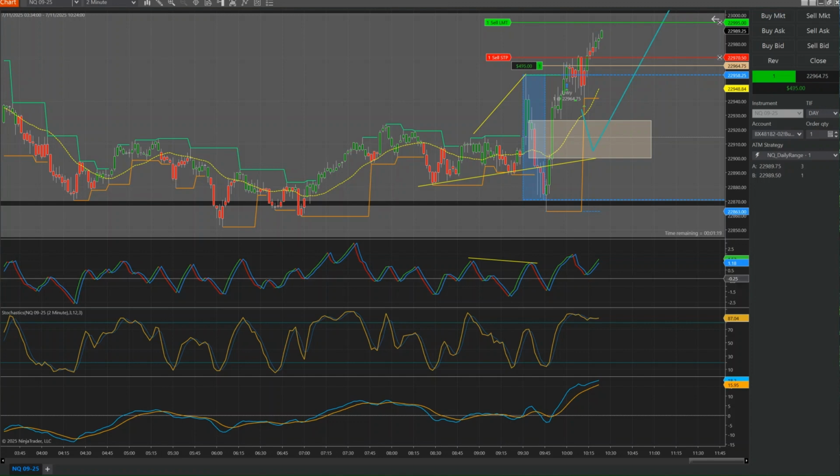And once we started to create lower lows, guys, I moved my stop up a little bit just to make sure I don't leave with nothing in the bank.